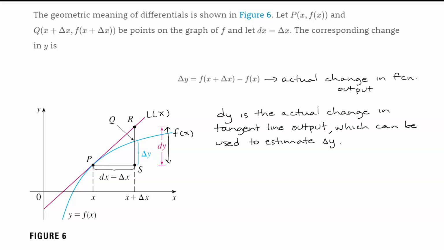So dy, the differential, is how much change there was in the output of the tangent line. Delta y is how much change there was in the function itself. And we can use that dy to estimate the delta y. Now, in fact, we don't usually estimate strictly, well, okay, let me back up. So remember from up above, dy is f prime of x times dx.